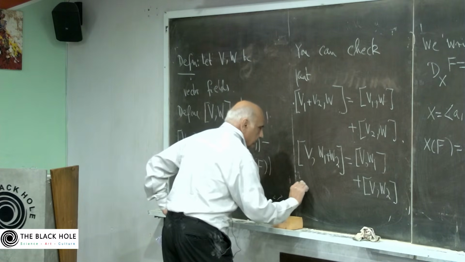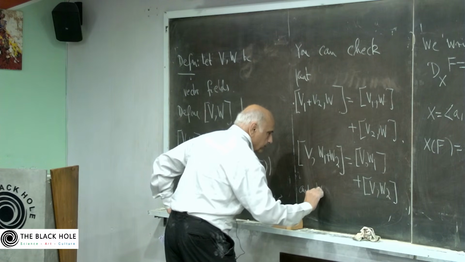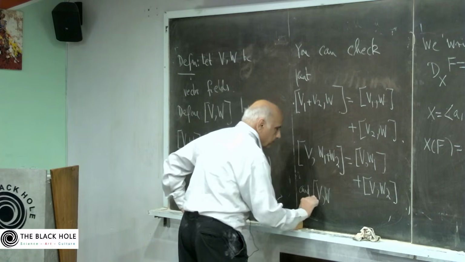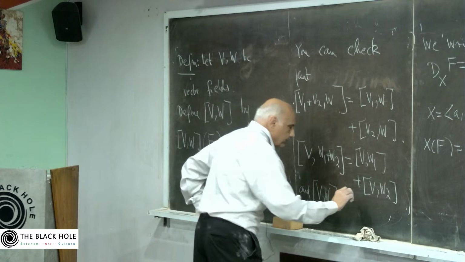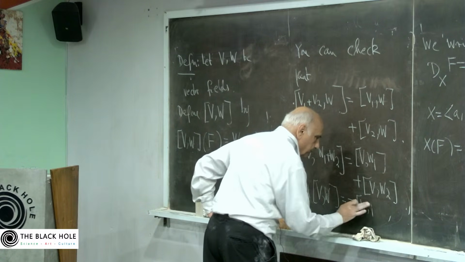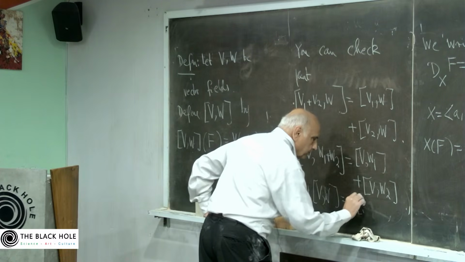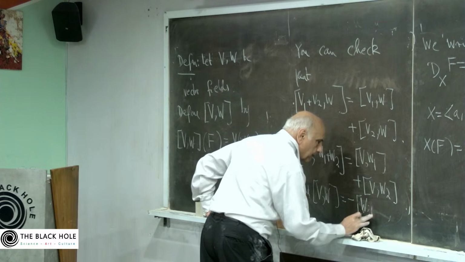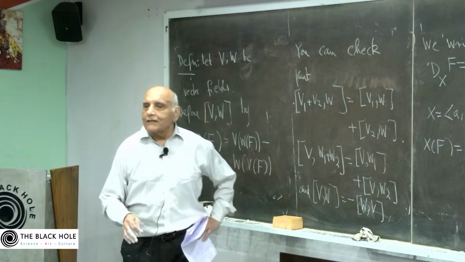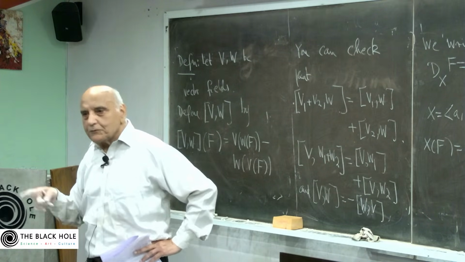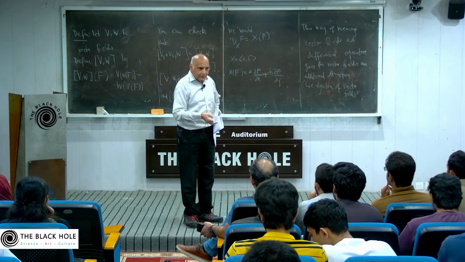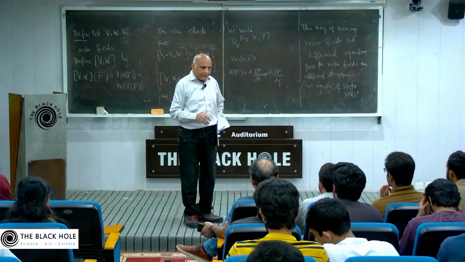But I have not shown you something very important, that when you take the Lie bracket of two vector fields, it is again a vector field, that is, it is again a linear differential operator, right.